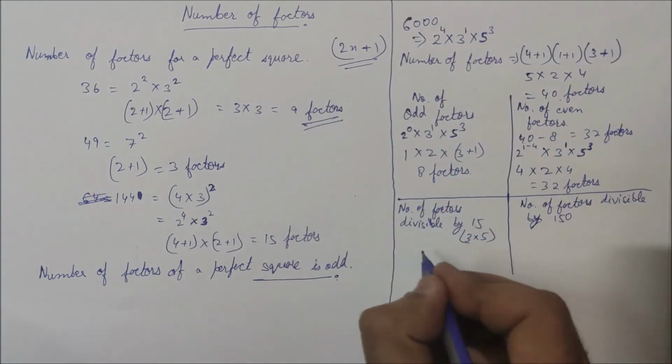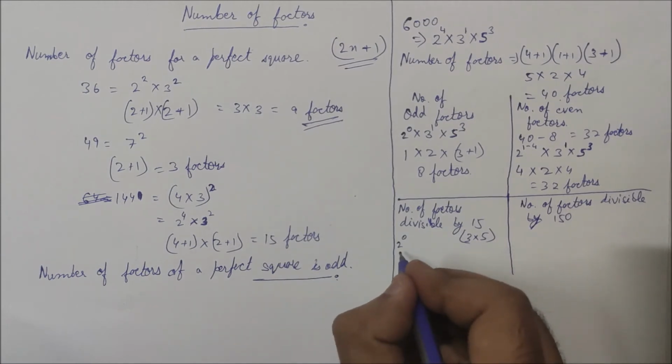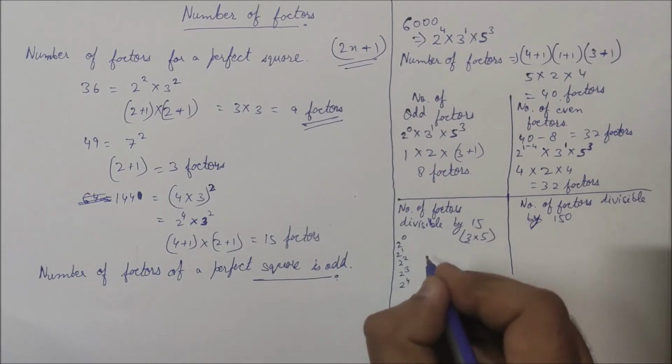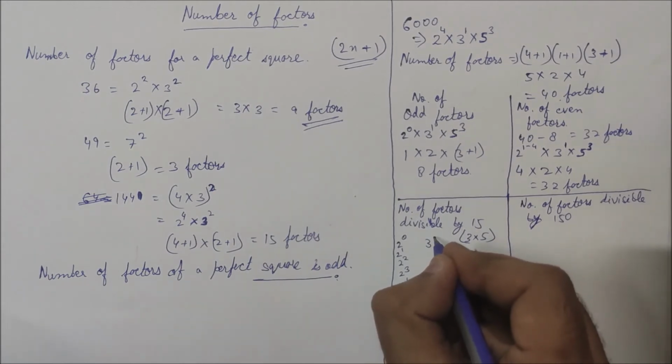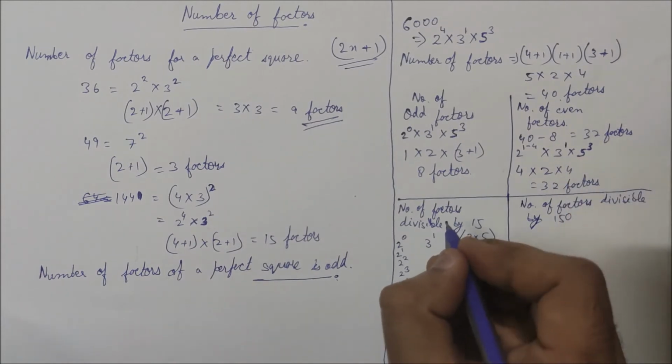So I can take as many options as are available for 2, because that is not restricted. So I can take 2 to the power 0, 1, 2, 3, 4. For 3 I can take 3 to the power 1, because there has to be at least one 3. I can't take 3 to the power 0.